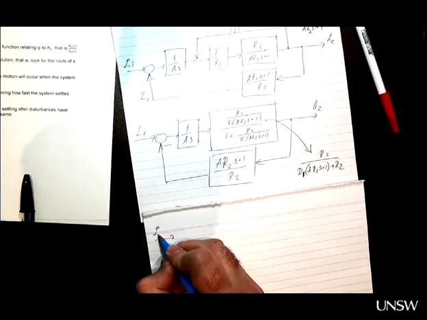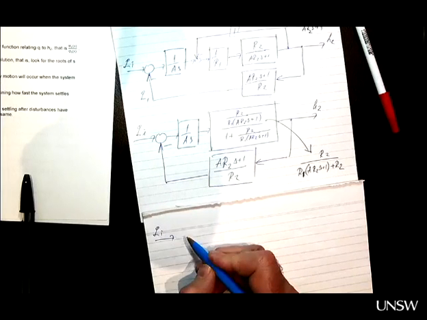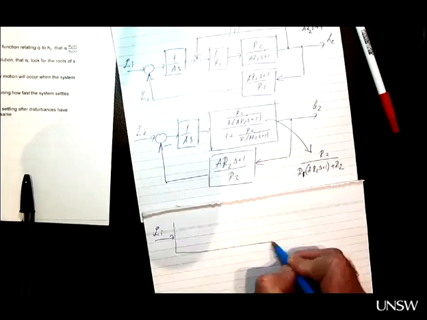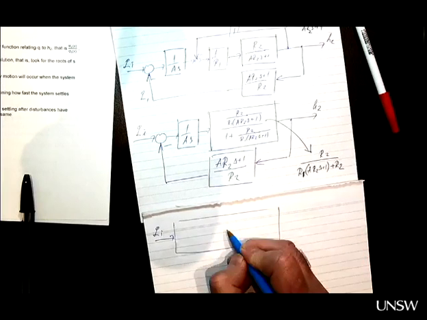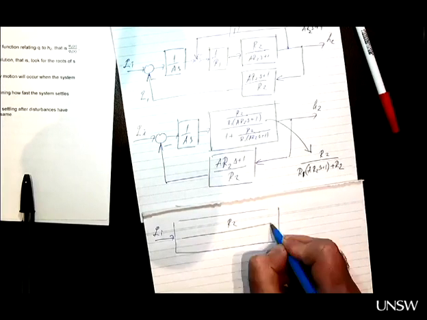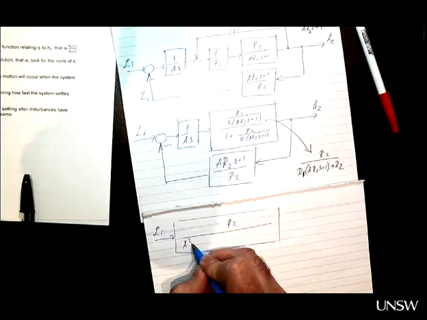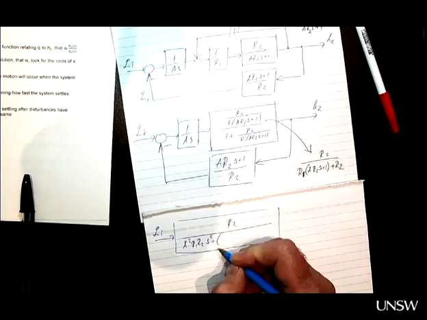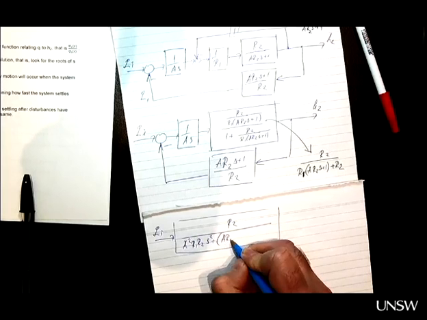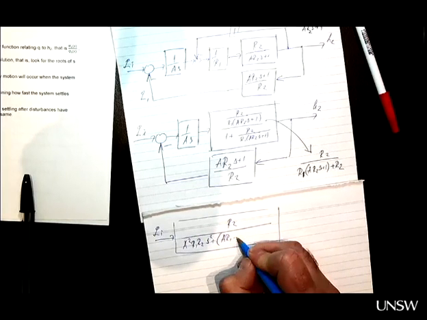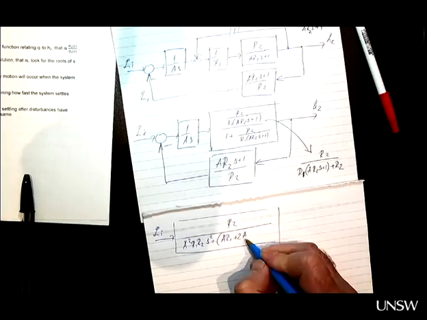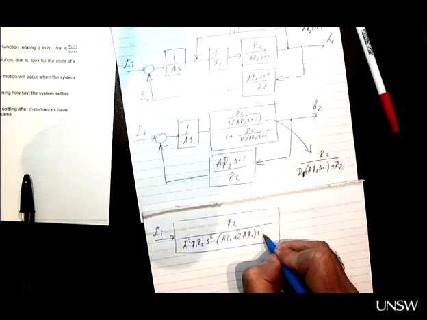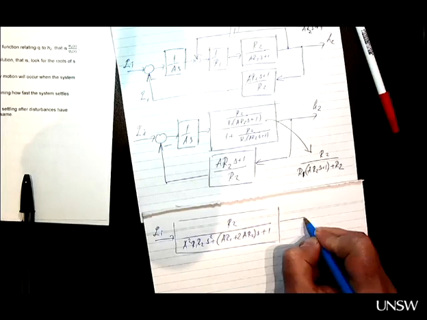Qi, a big box, R2 over A squared R1 R2 S squared plus A R1 plus 2 A R2 S plus 1, H2 as the output.